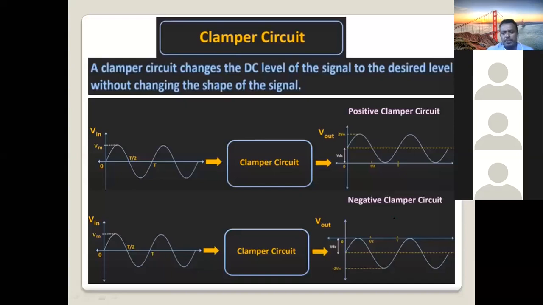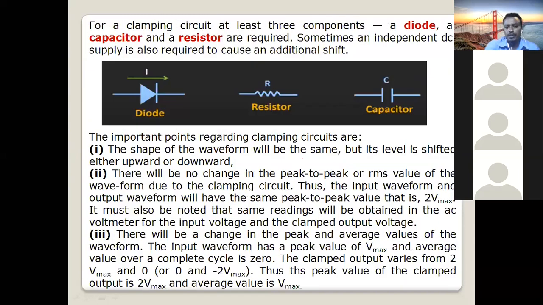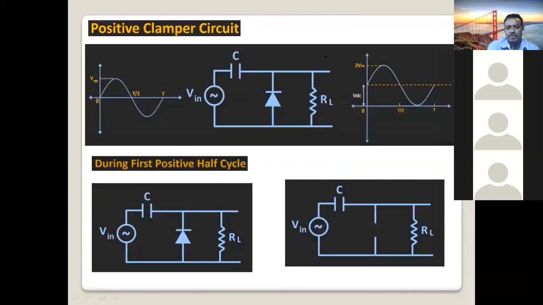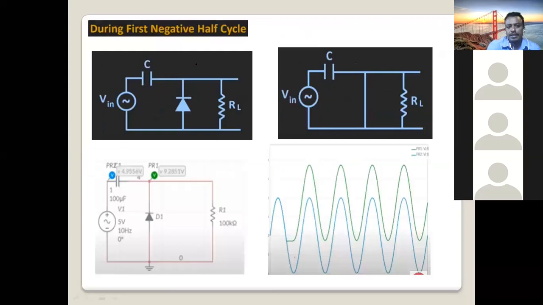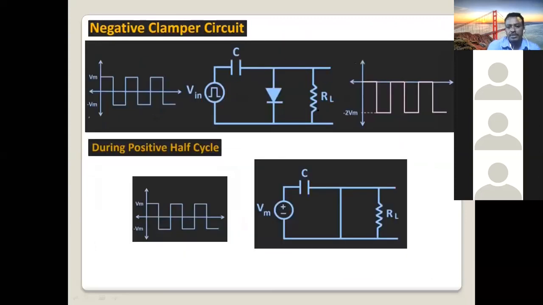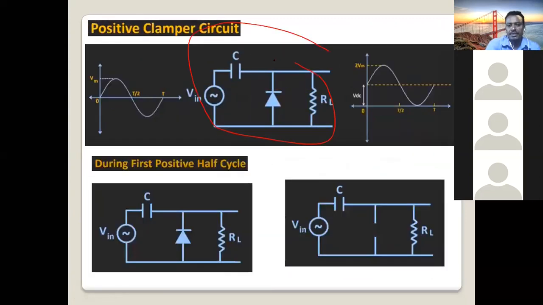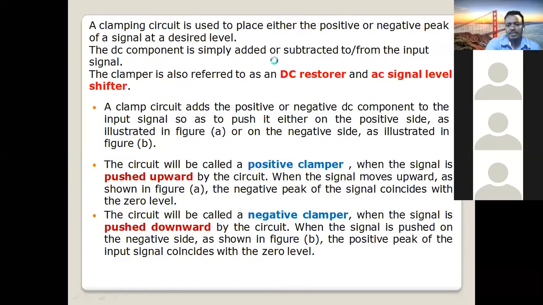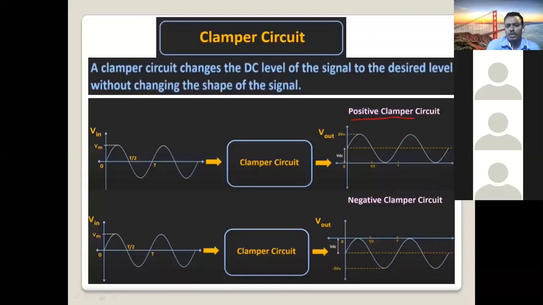So what's the difference between negative and positive clamper? This is a positive clamper, as you can see. I will show you later. This is a positive clamper circuit, and this is a negative clamper circuit. We'll discuss these circuits later. But now, what is the difference between positive and negative clamper? A positive clamper shifts the signal upward. The whole signal is shifted upward.